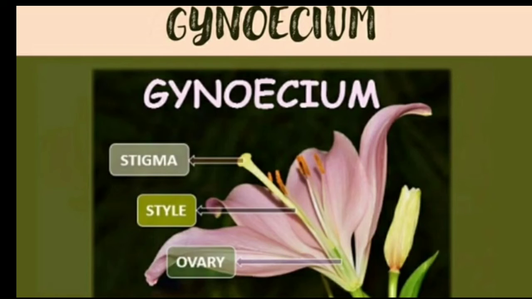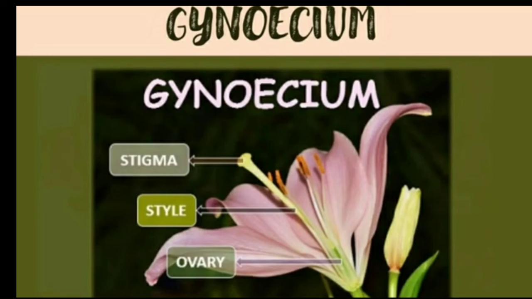The middle part, the elongated part, is the style, and at the end the bulb-shaped body is known as the ovary. So a gynoecium is the female reproductive part of a flower. It is made up of carpels, and a carpel consists of stigma, style and ovary.